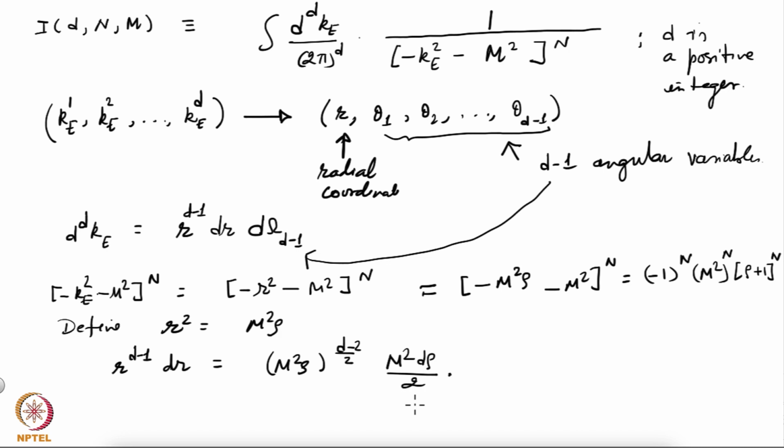Now when you plug in this integrand and r^(d-1) dr in terms of rho, again with simple algebra, you get the following. Let me write the integral also, it will be easier to see.